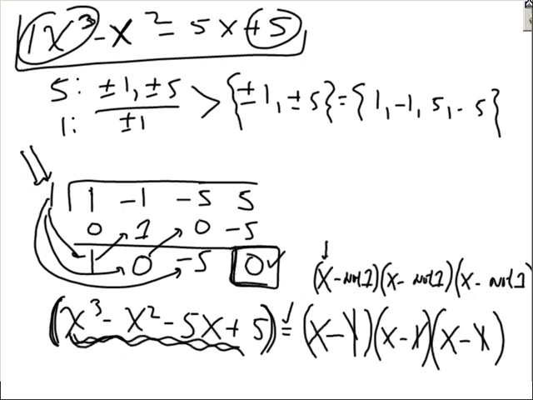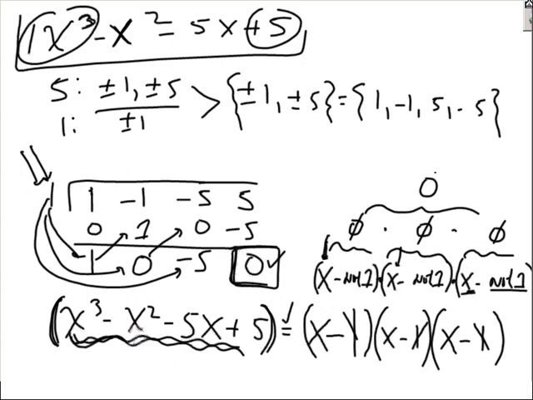When I plug 1 in for x, I won't get 0. Because if x is 1, and you take away not 1, you take away 2, you take away 7, you take away negative 9, this will not be 0. When I multiply all of these, I won't get 0. But wait a minute.